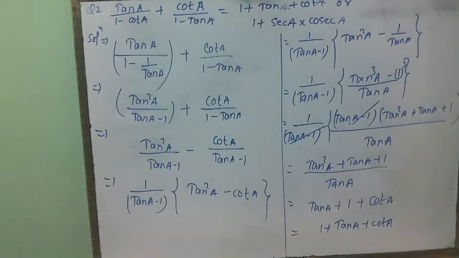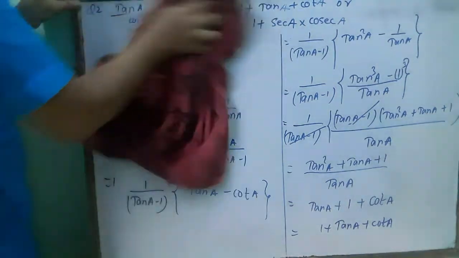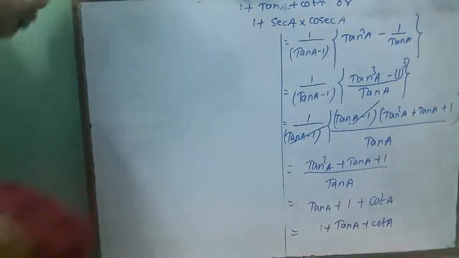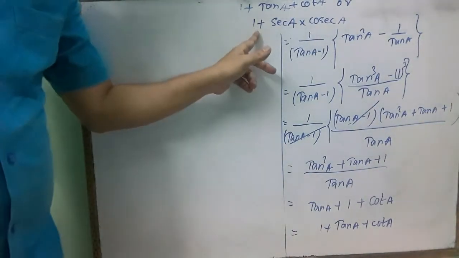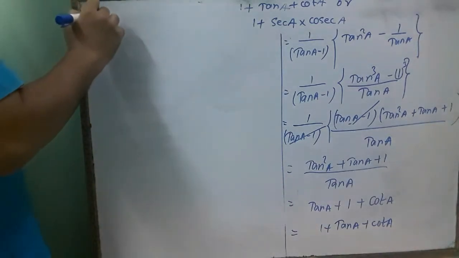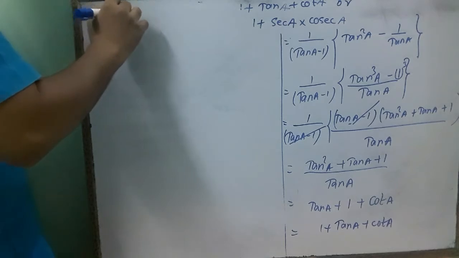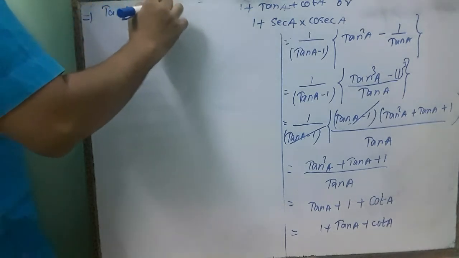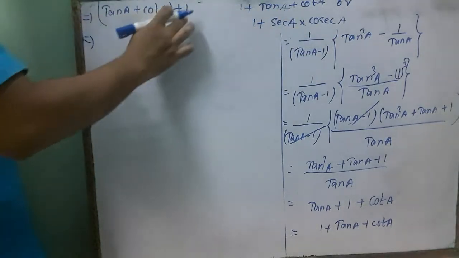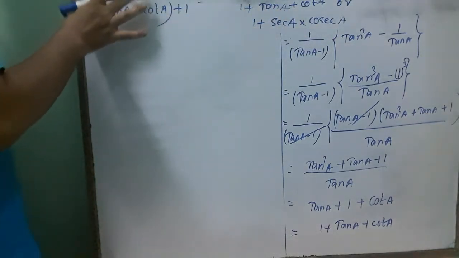Now come to the second part of the proof. For this we will change tan A and cot A into sin by cos. See the RHS term here: one is already there, so I will write tan A plus cot A in bracket and then 1, and I will not change this 1 into any other form.